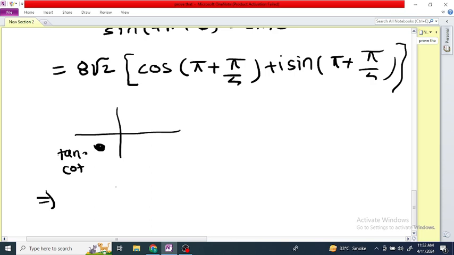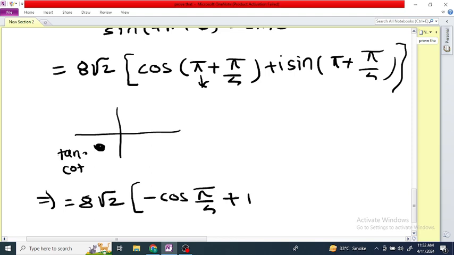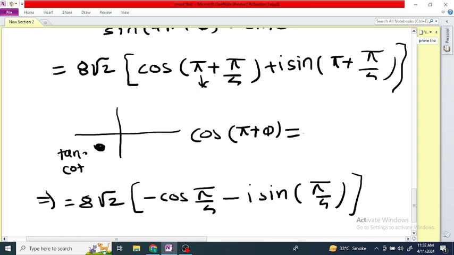So this is equal to 8 root 2 times minus cos pi by 4 plus minus i times sin pi by 4, since we know that cos of pi plus theta is equal to minus cos theta, and sin of pi plus theta is equal to minus sin theta.